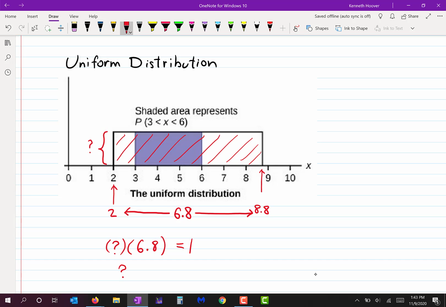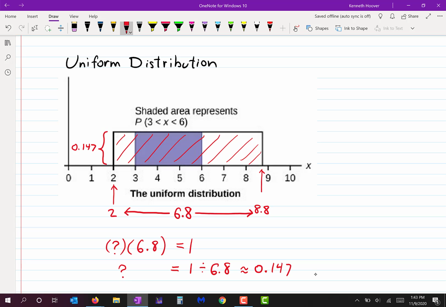So what is the value of question mark? It's 1 divided by 6.8, which equals, rounding off to 3 decimal places, about 0.147. So that's how tall this rectangle must be.